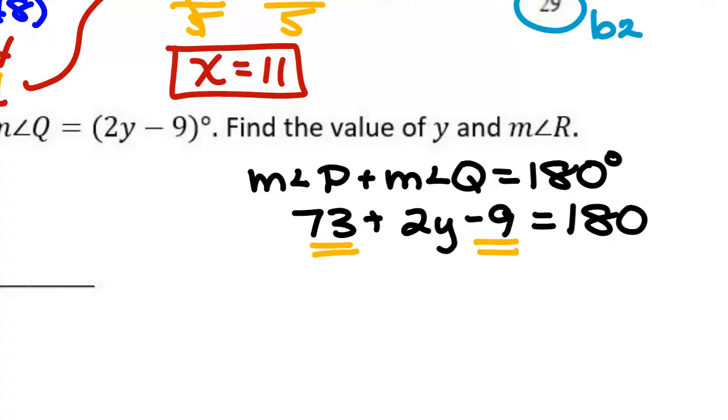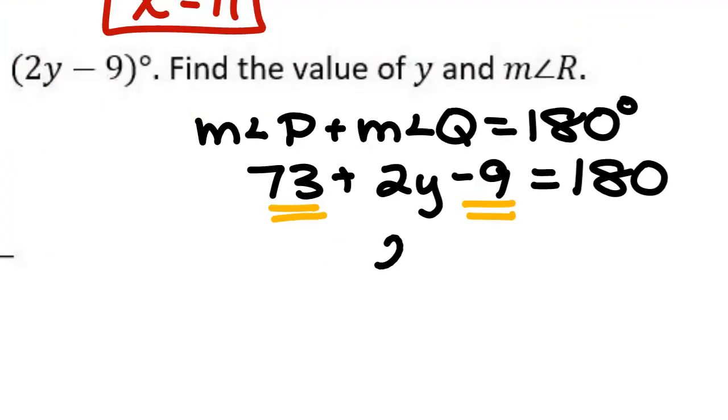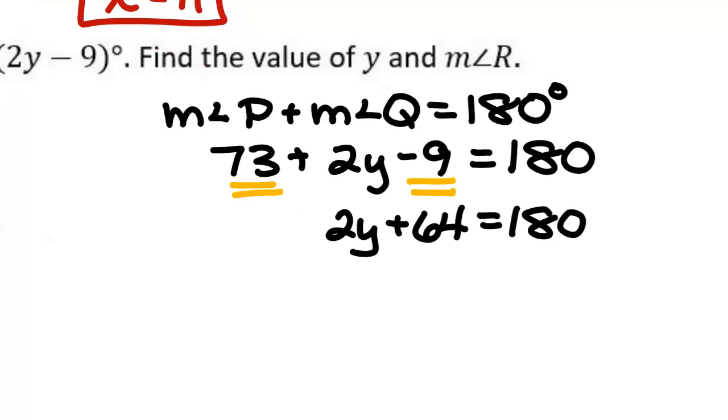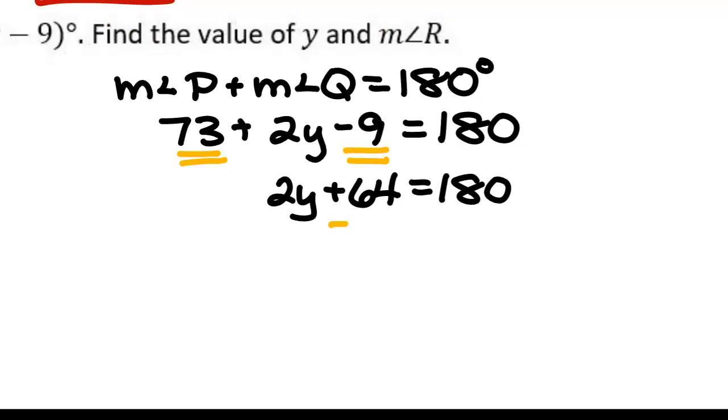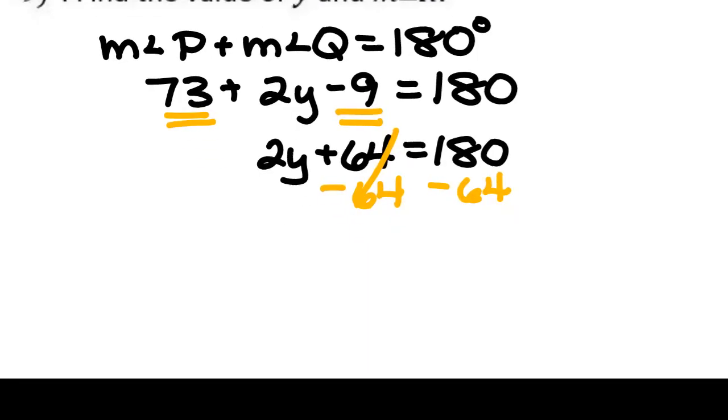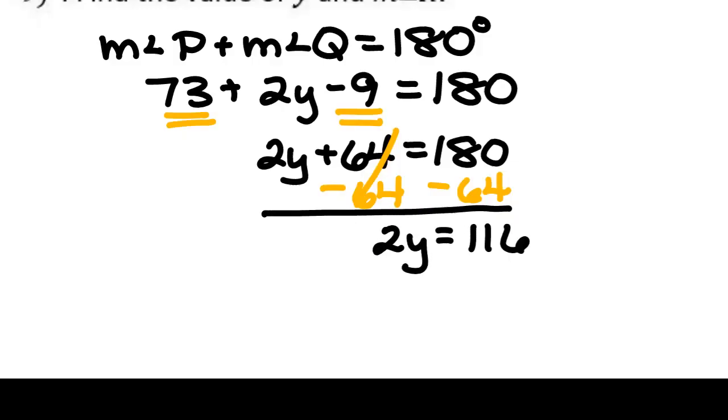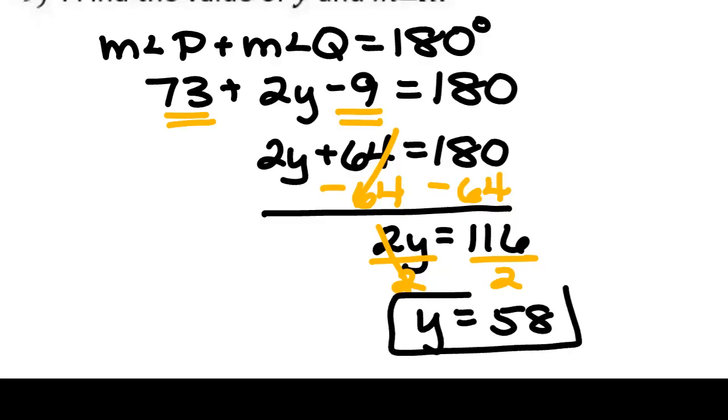Combine our like terms together. I would have 2y plus 64 equals 180. Then I would subtract 64 from both sides. What is 180 minus 64? 116. Then we divide both sides by 2. We get that y is 58.